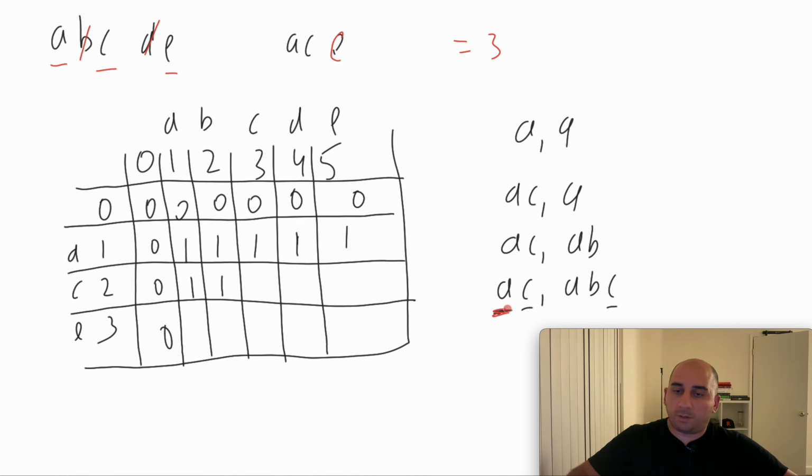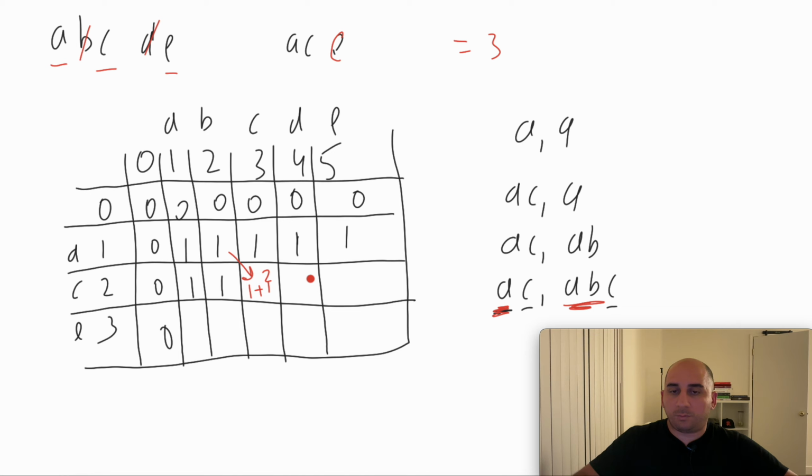We need to take the value of A and AB, which means from here. So this value, 1 plus 1, now it will be equal to 2.